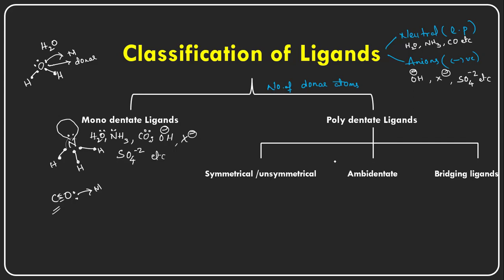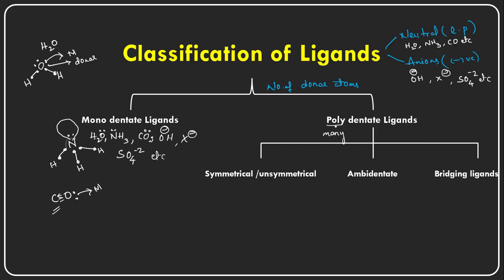And what are the polydentate ligands? If the ligands have more than one donor atom, then they are called polydentate ligands. Poly means here, what is the meaning of poly? Many.